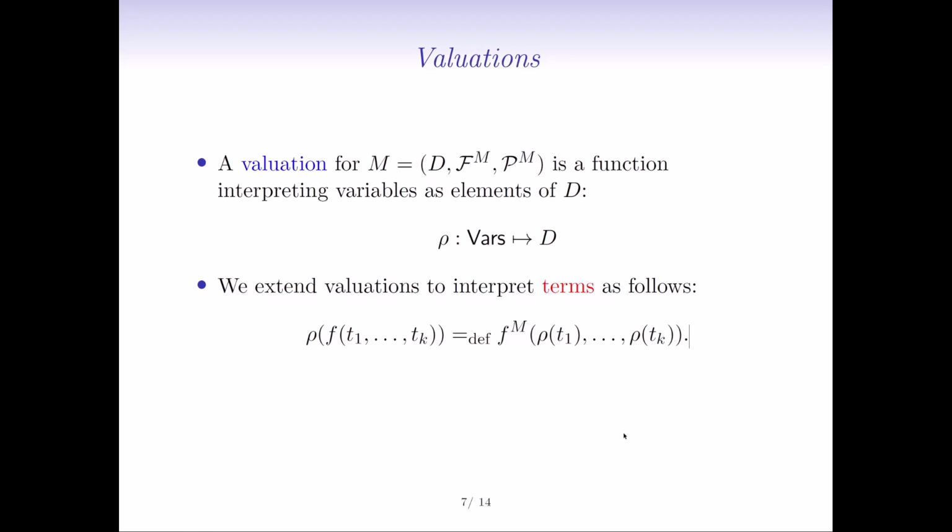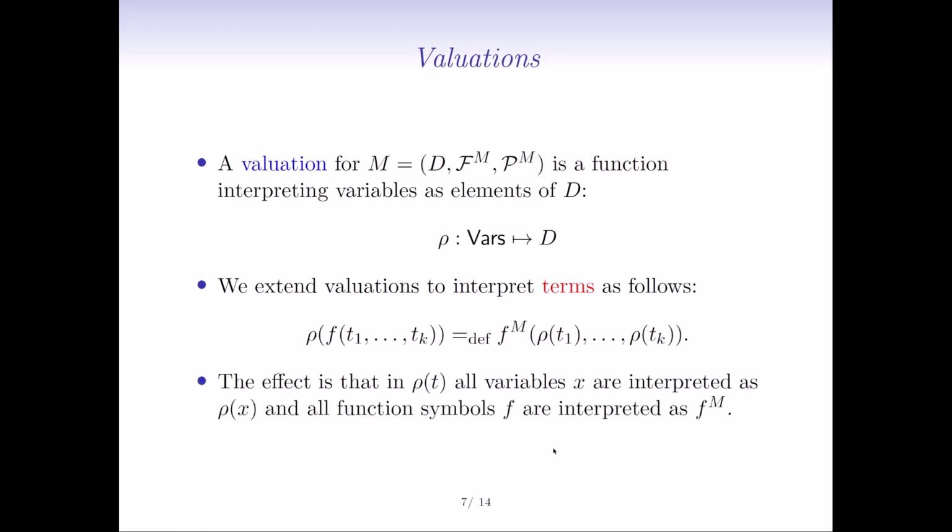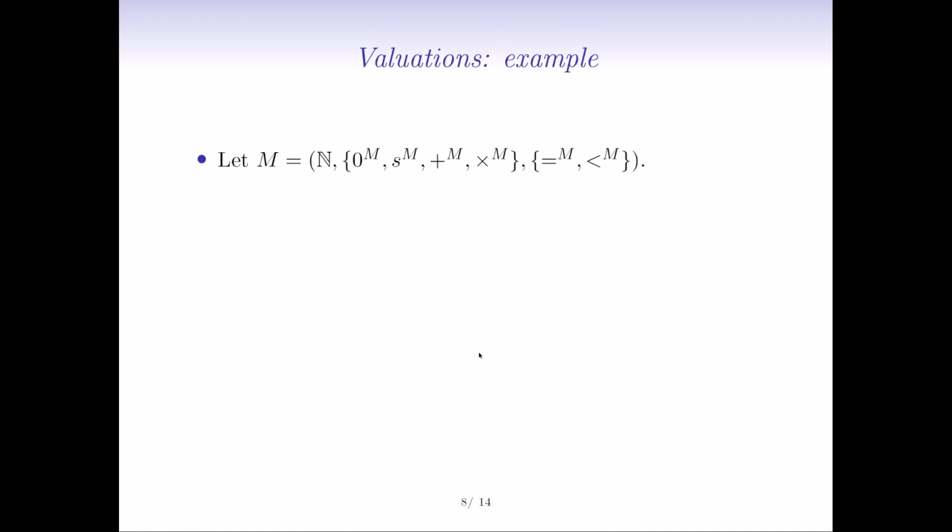So that's a recursive definition, and you can see that the effect of it is that if I apply a valuation to a term, then all the variables get interpreted according to the valuation, and all the function symbols get interpreted as the functions in the first order structure. So let's go on and see an example of this using the first order structure for Peano arithmetic that we saw in the last lecture.